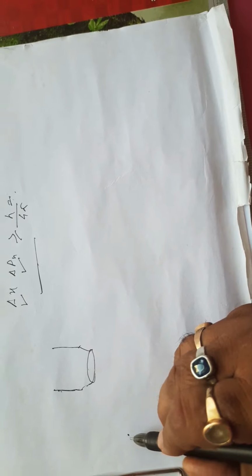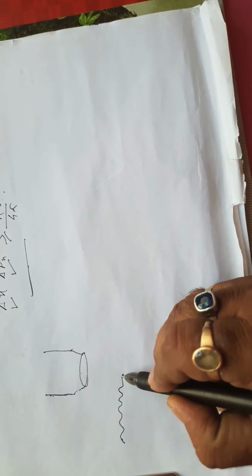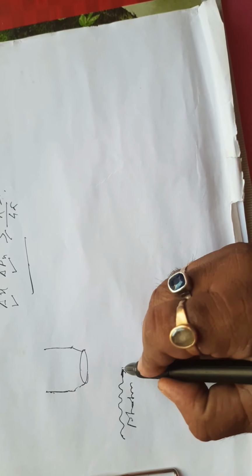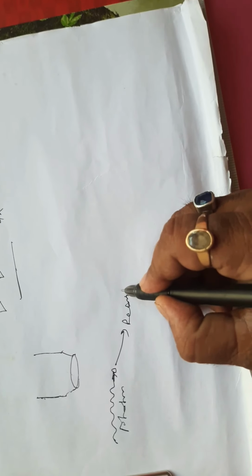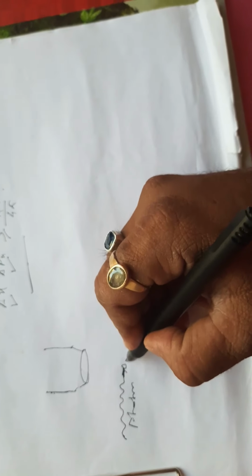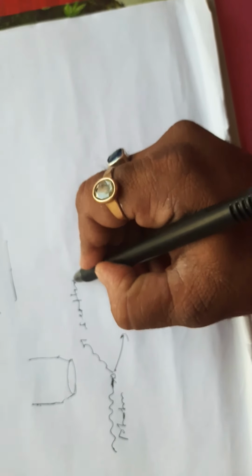This is an electron and this is the incident photon striking on it. The electron will recoil along a particular direction, and the photon is the scattered photon.